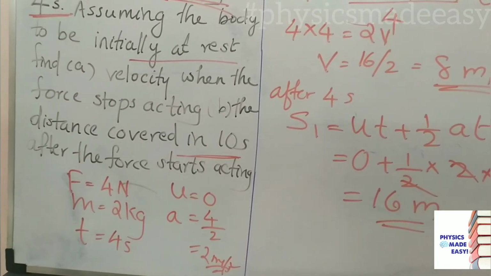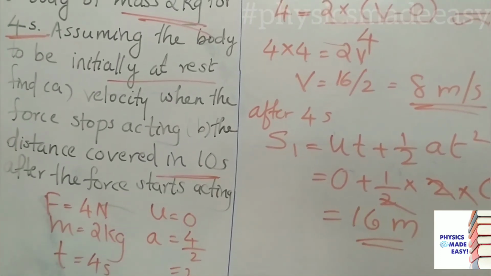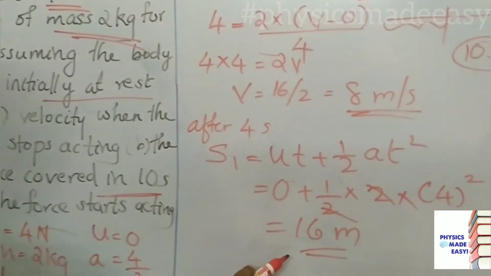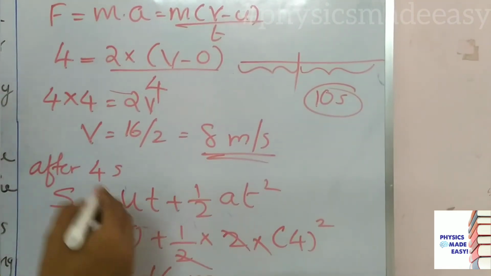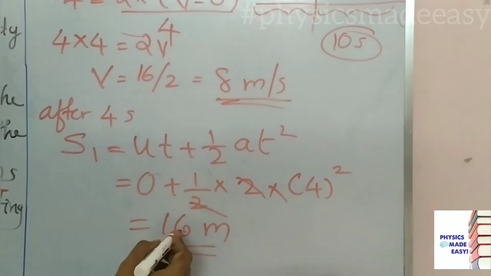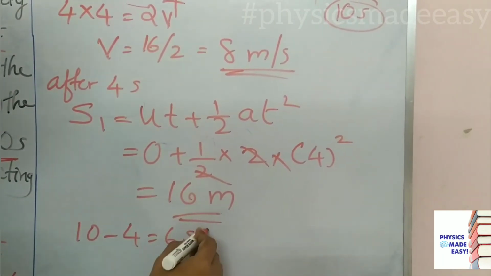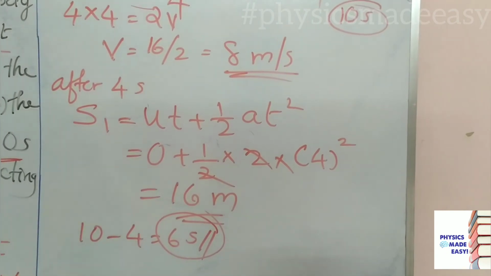So starts acting means at the first time onwards we have to consider that. So after that 4 seconds the distance covered by that object is 16 meter. Then we have to find the distance covered for the remaining time. So here 10 minus 4, that is 6 seconds. How much distance is covered by that object in the 6 seconds also we have to find.